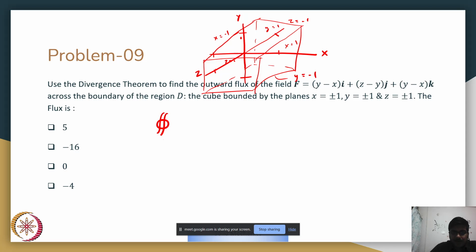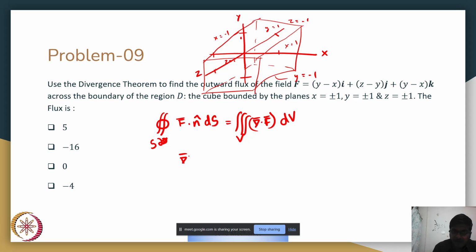And if you want to calculate the flux, F dot n ds over the surfaces is nothing but the volume integral of the divergence of F over the entire volume V.